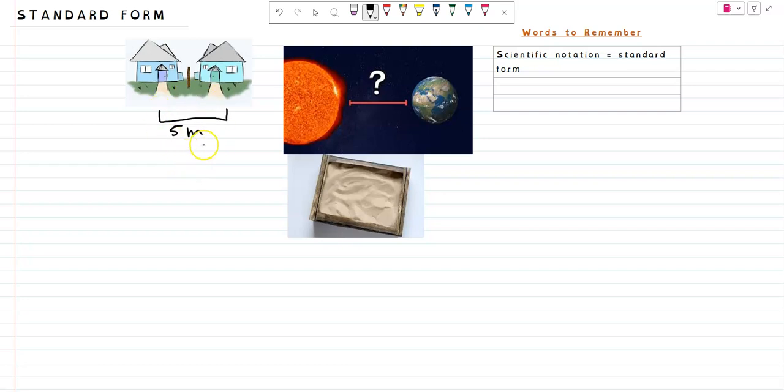So that's an easy number to work with when we have to work out an equation according to that specific situation. But if we speak about the distance that the sun is from the earth, how far is that specifically?